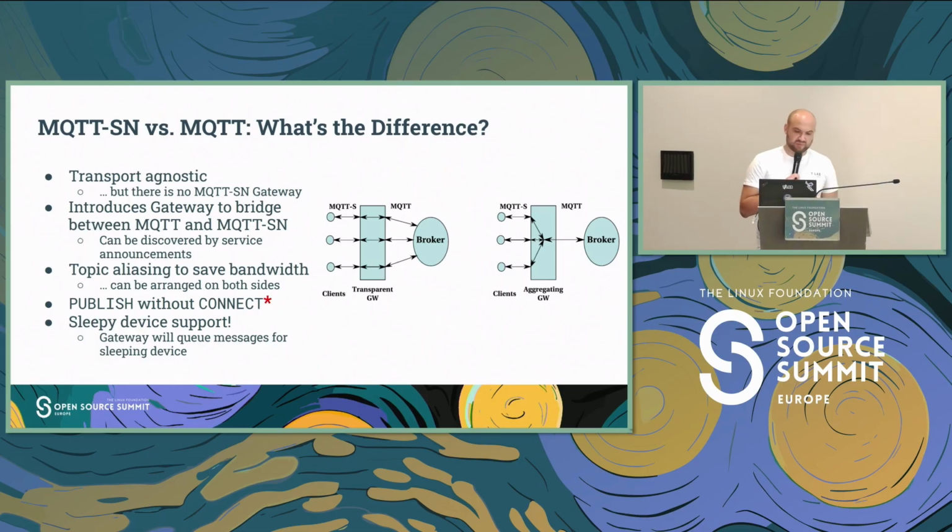And as there is no MQTT-SN broker, a component called the gateway is introduced that basically bridges between the two worlds and translates between the MQTT-SN messages and the MQTT messages.